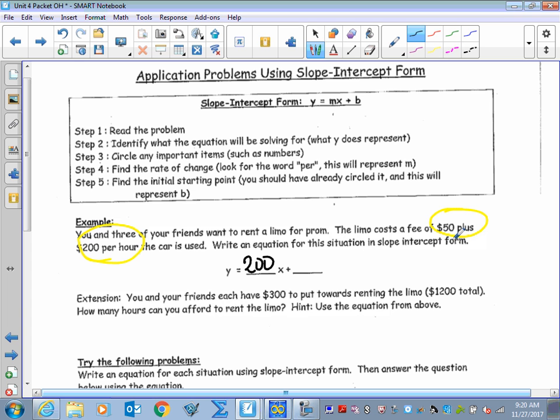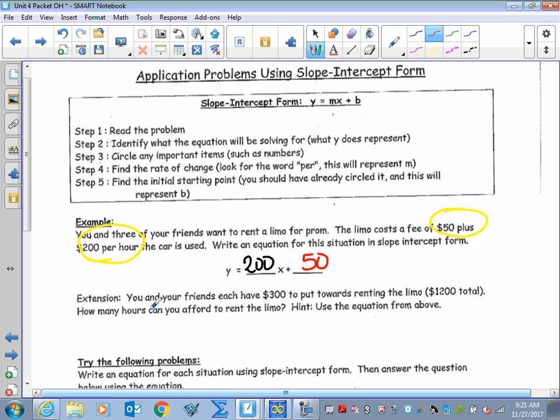And the $50 that you will pay just for your fee, that will be your y-intercept. That's not changing. Even if you rented the limo for 8 hours, you're still going to pay the fee of $50. So that's not going to change. This can change. Obviously, your rate of change will be based on how many hours you actually rent the limo.